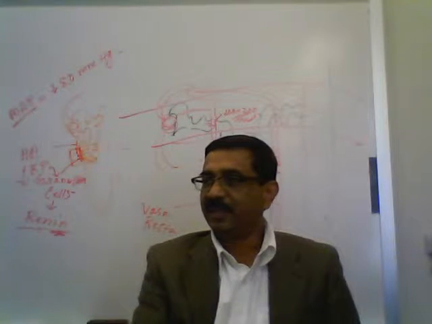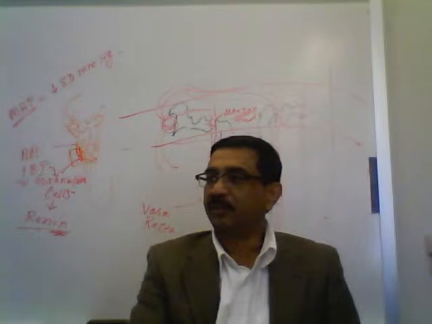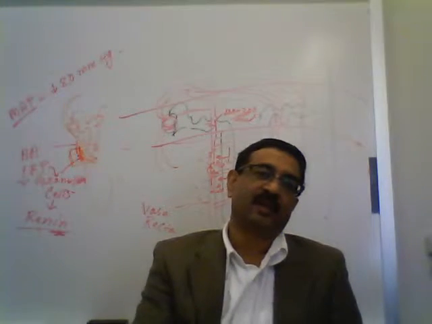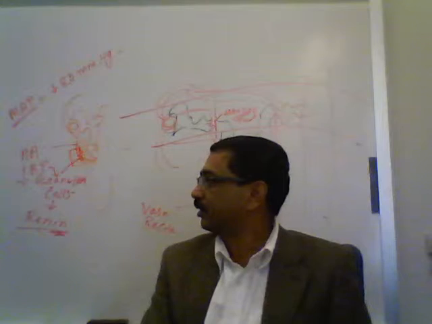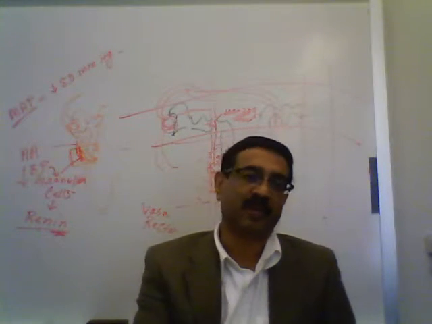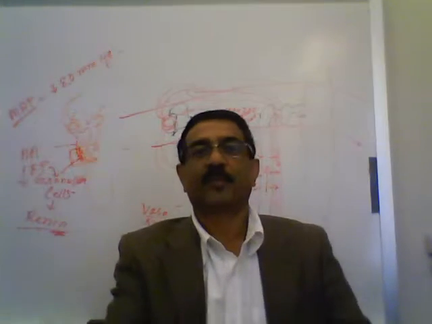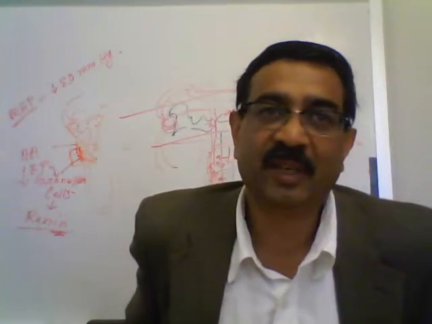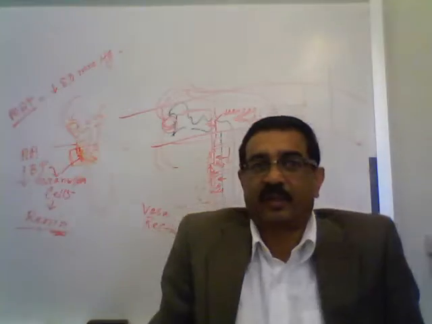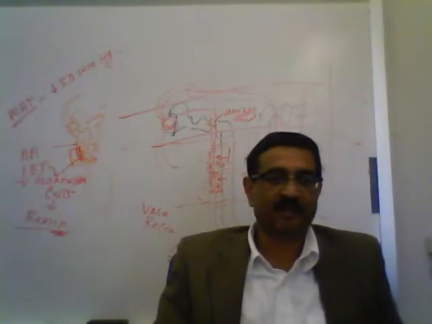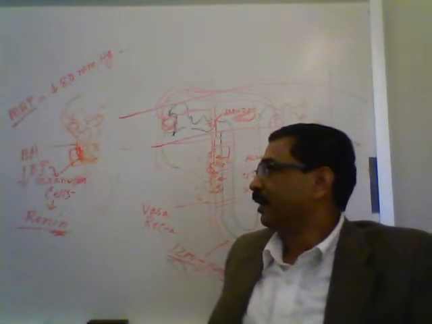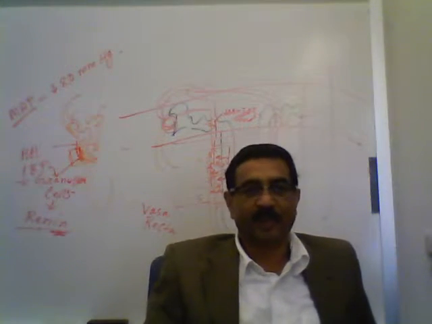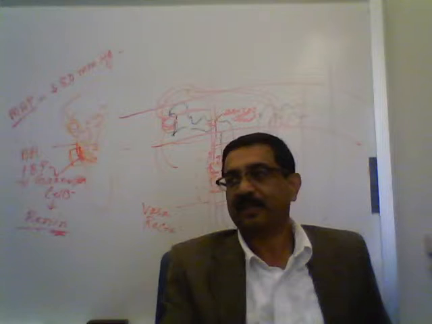Middle layer is a thick muscular layer, which is formed by a special type of smooth muscle called detrusor muscle. And the outermost layer is the fibrous adventitia. That one mainly provides protection.